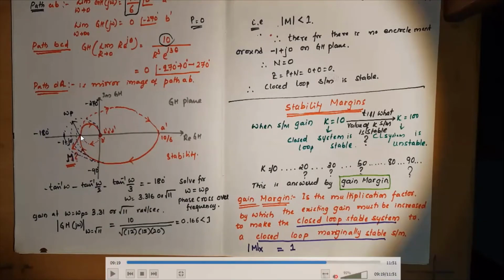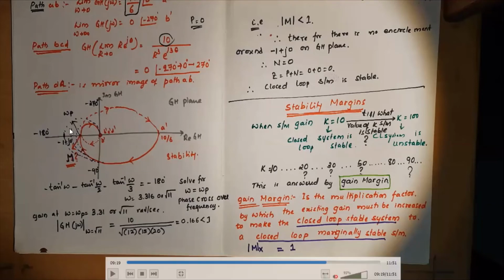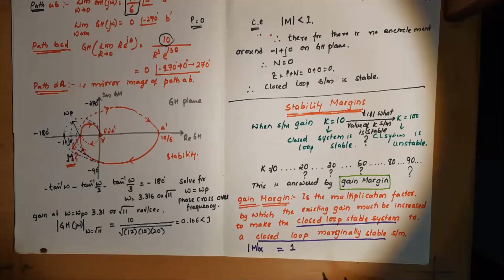At k equal to 10, obviously we have not reached -1. At k equal to 20, we are not sure. At k equal to 30, we are not sure. I mean, I'm increasing the gain, and as I increase gradually, at some point it will reach the -1 point, and after that gain it will enclose the -1 point and it will become unstable.